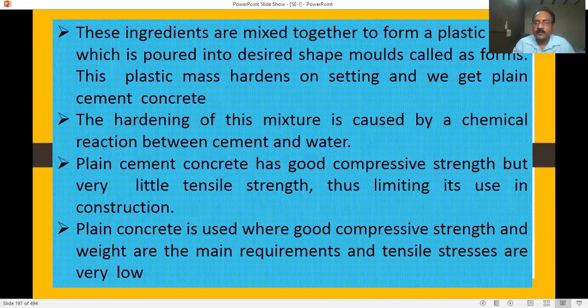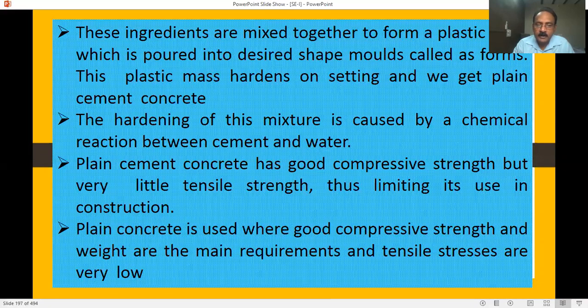The hardening of this mixture is caused by a chemical reaction between cement and water. See how you are going to get hardening. This is nothing but a chemical reaction between the cement and water, mixing with your sand and aggregates.